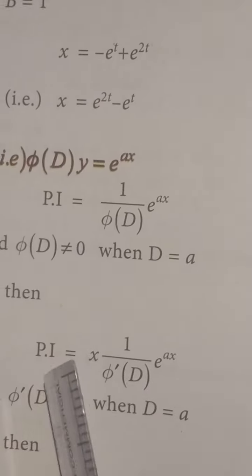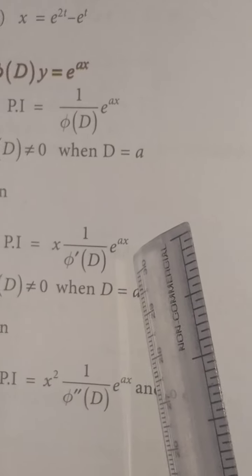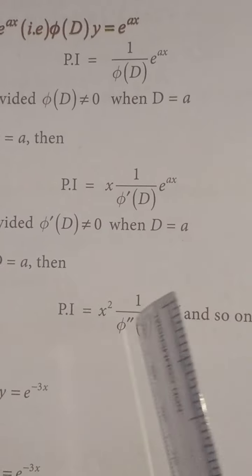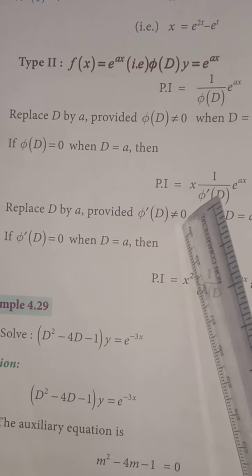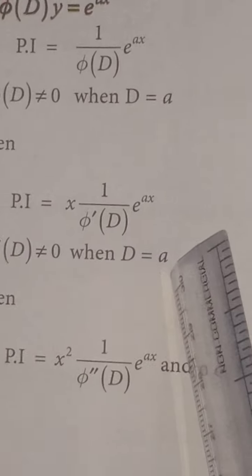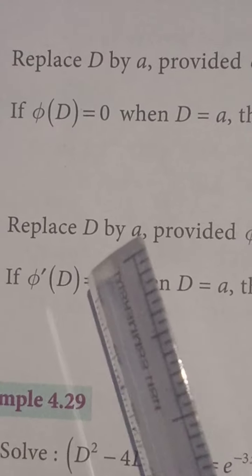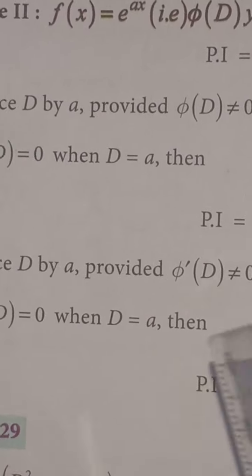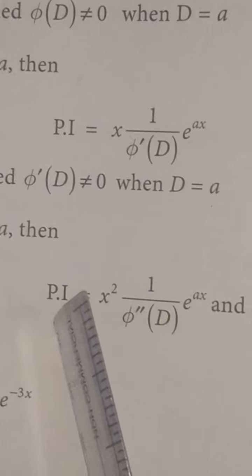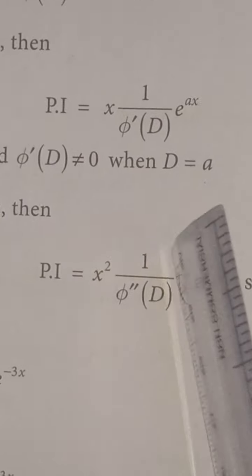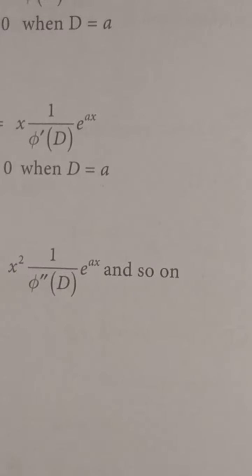Second, if psi of D is equal to 0 when D is equal to a, then we have to consider the particular integral as x into 1 by psi dash of D into e power ax, replacing D by a, provided psi dash of D is not equal to 0 when D equals a. Third, if psi dash of D is equal to 0 when D is equal to a, then we consider the particular integral as x squared into 1 by psi double dash of D into e power ax, and so on.